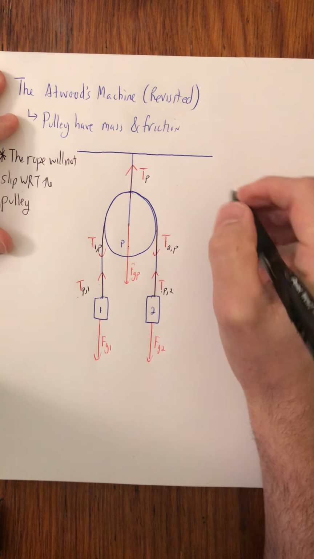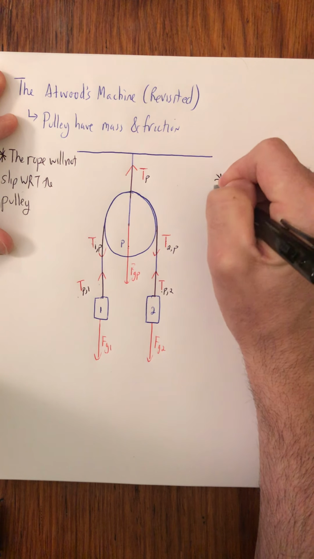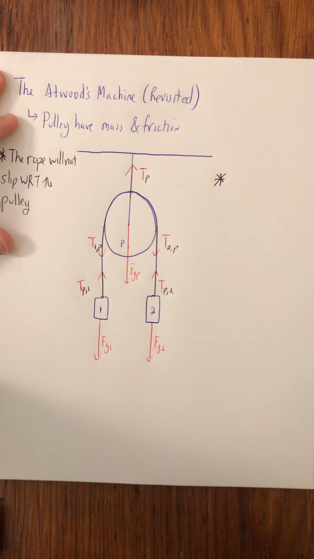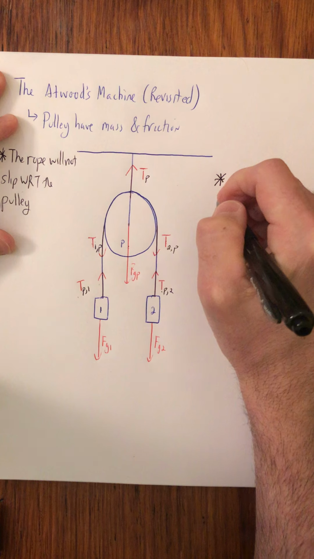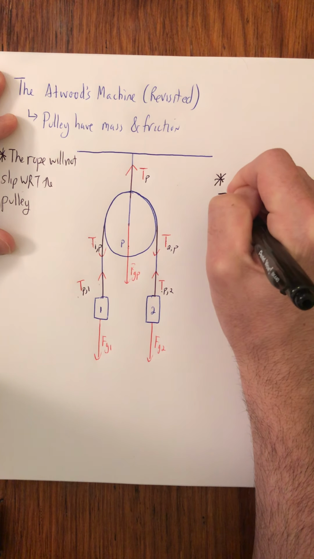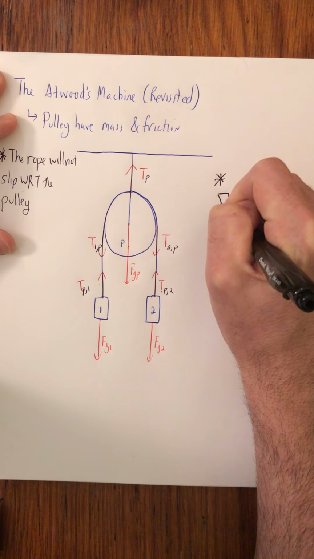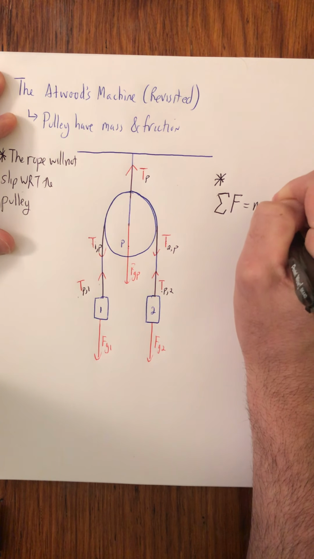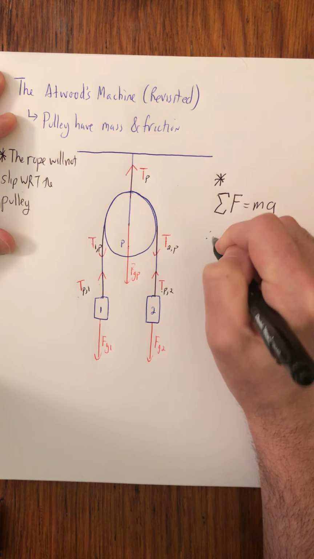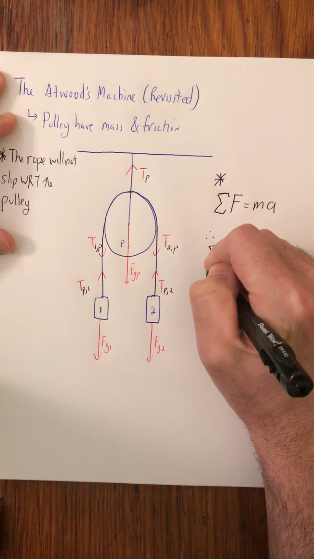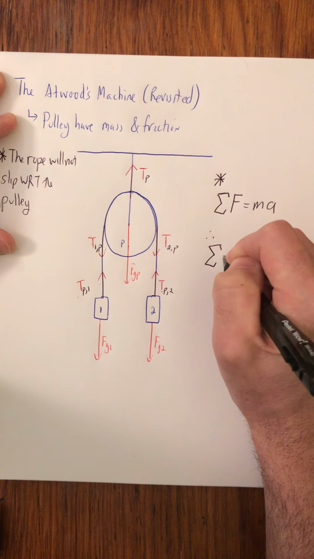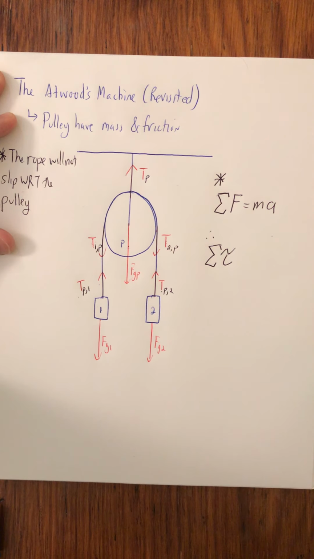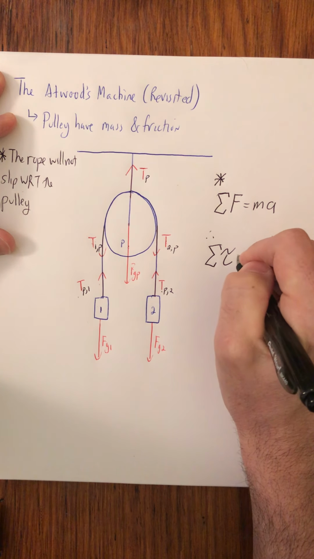Well, here's where we introduce a new concept, and that concept is Newton's second law for rotation. If Newton's second law for translational motion was net force equals ma, we're going to see that we can rewrite this for rotation, but here it's net torque, since torques are what cause rotational change.